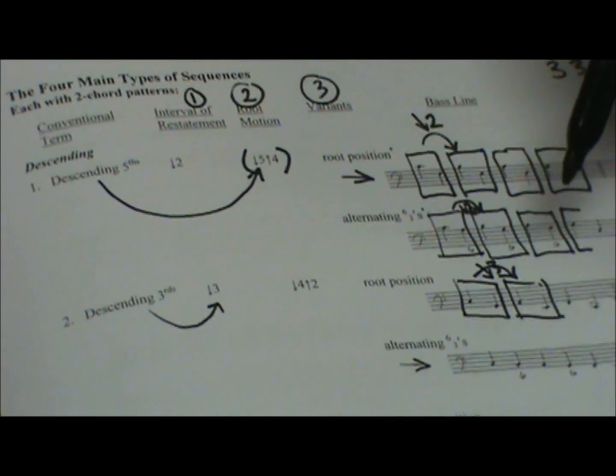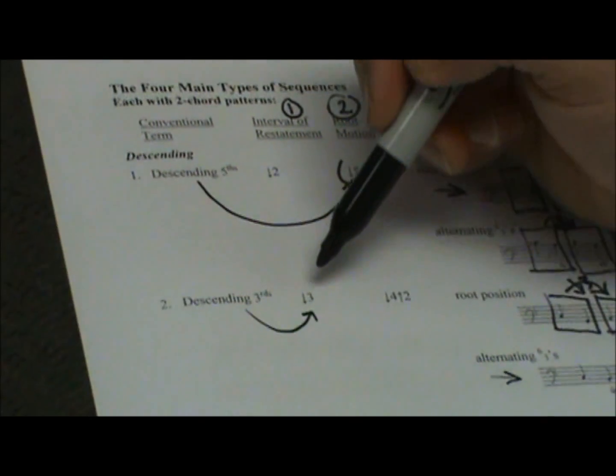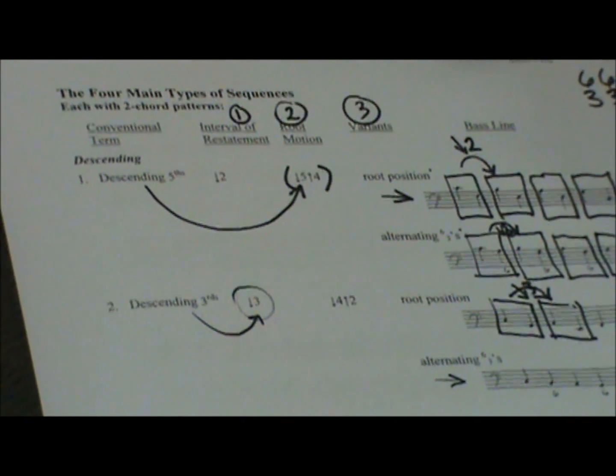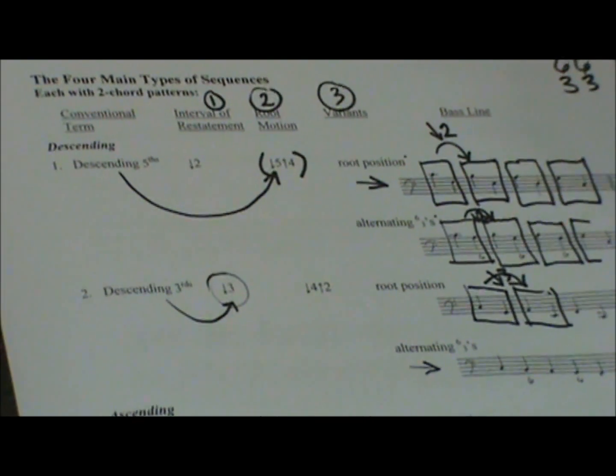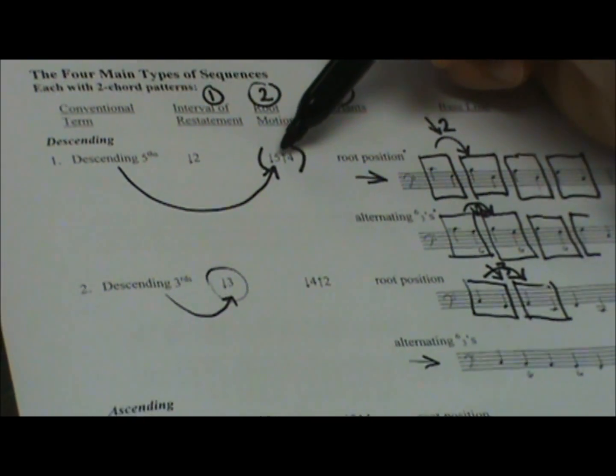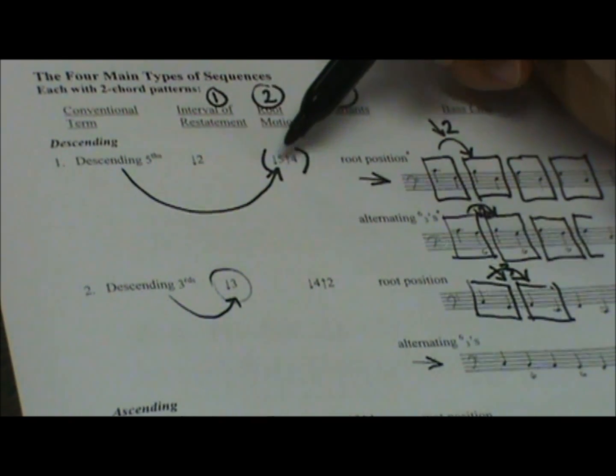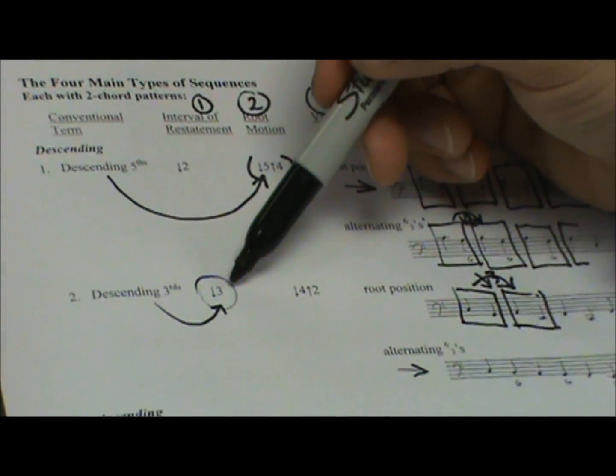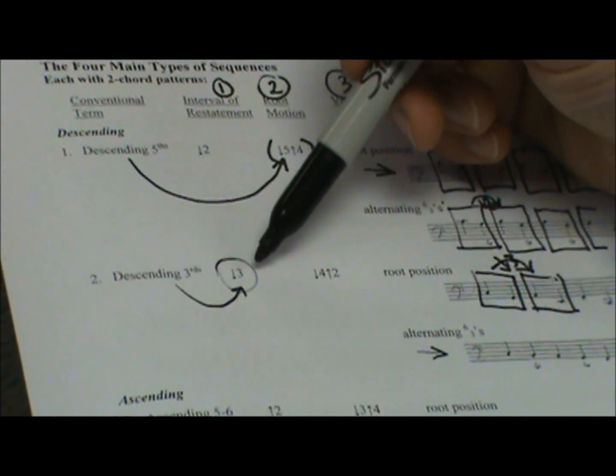But that requires skipping a chord. So the label comes here from the interval of restatement. That's where you start experiencing the regularity. Okay, so regularity comes with the root motion here and only appears with the interval of restatement here with descending thirds.